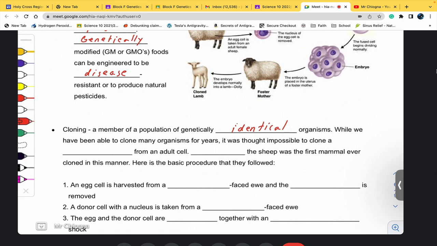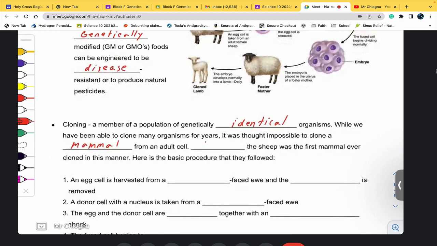While we have been able to clone many organisms for years, it was thought impossible to clone a mammal from an adult cell. Dolly, the sheep, was the first mammal ever cloned in this manner.